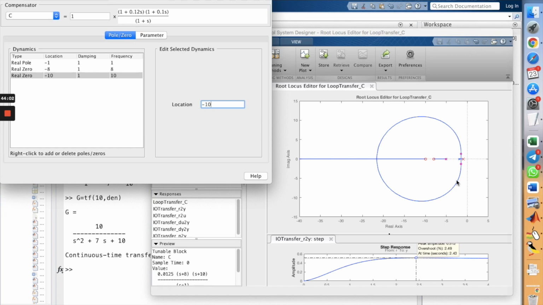And then we know that the root locus must be between -1 and -2, and then -5 and -8. So the pole at -5 already has its ending at -8.